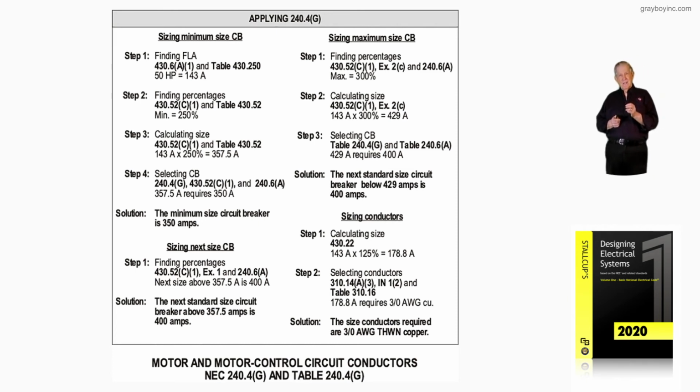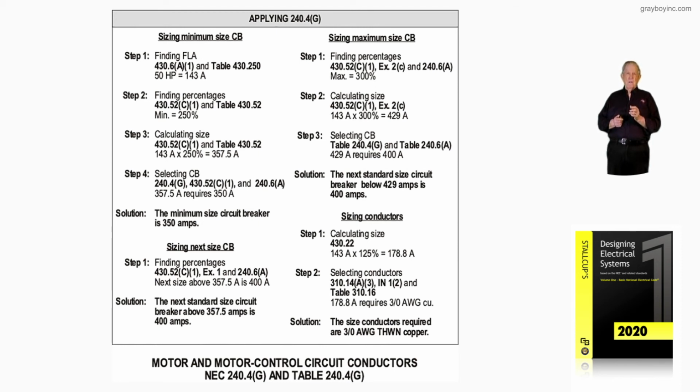Even if you selected a THHN from the 90-degree column, since there's no derating or reducing due to adjustment factors or correction factors, then the 3/0 would be selected.